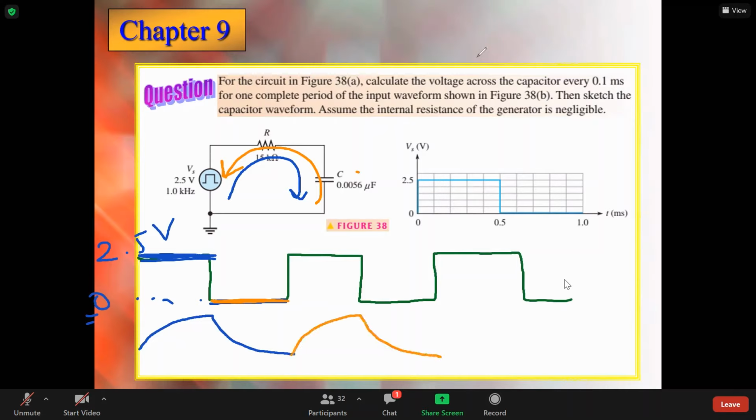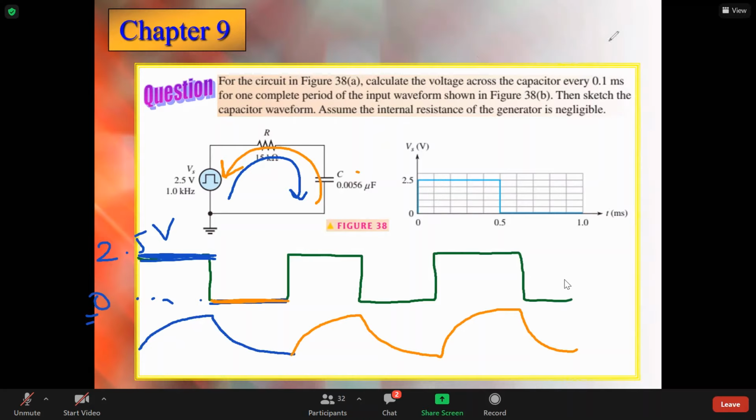One cycle, second cycle, third cycle, and so on. Is the concept clear? This time we don't have a fixed voltage, we have a pulse train, high, low. So the capacitor charges, discharges, charges, discharges, like that.